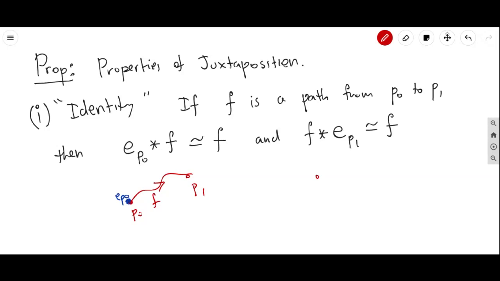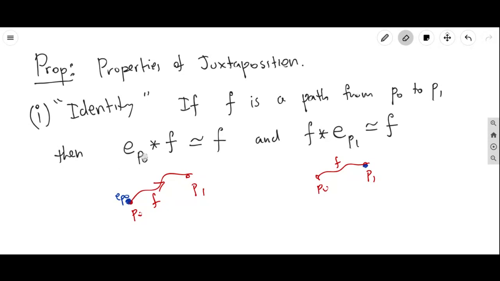And here it's on the other side. Here you're going from P0 to P1, and this is f. You cannot juxtapose this with E_P0 because it's not the terminal point. It actually has to be on the other side. So when you do that, it's homotopic. So what it shows is that the constant path that does not move is in some sense like an identity element.